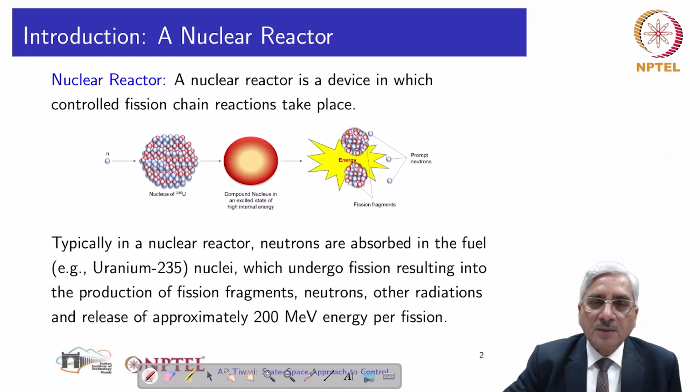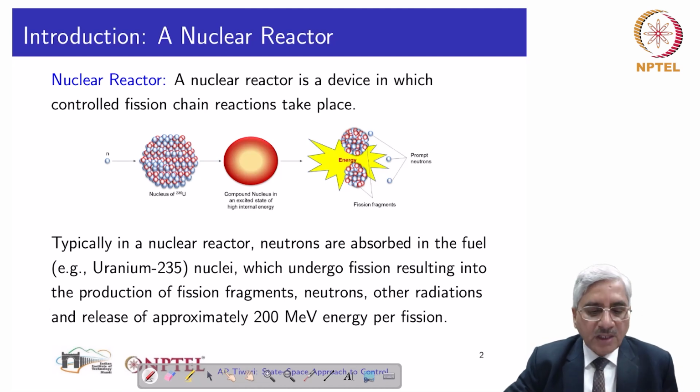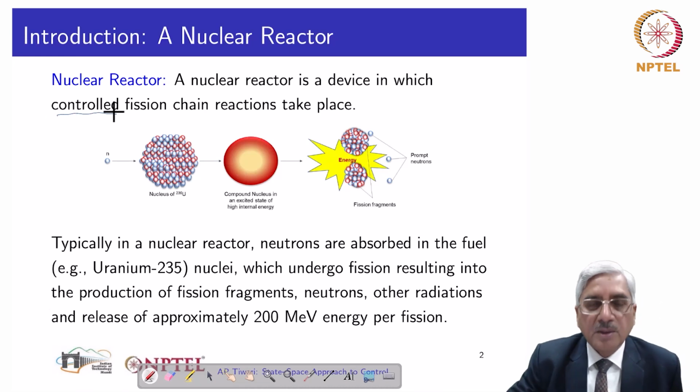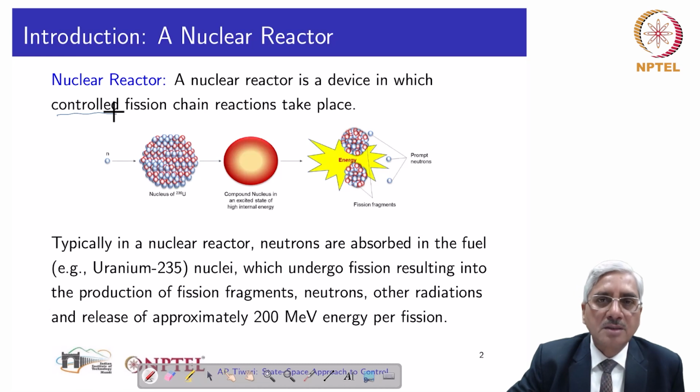I will have a few minutes of introduction, and there might be some overlap with one of the lectures which we took in the first week. So a nuclear reactor is a device in which a controlled type of fission chain reaction takes place. Now there are usually two types of energy producing nuclear reactions.